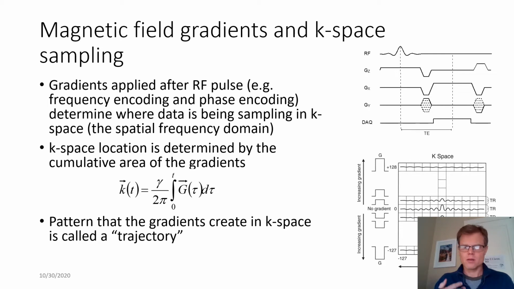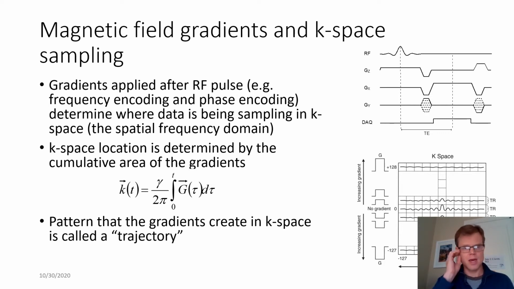The first thing I want to cover is the K-space trajectory. There's a very specific relationship in terms of how the gradients applied after the RF pulse, such as frequency and phase encoding, determine where we're filling in data in our K-space data matrix.